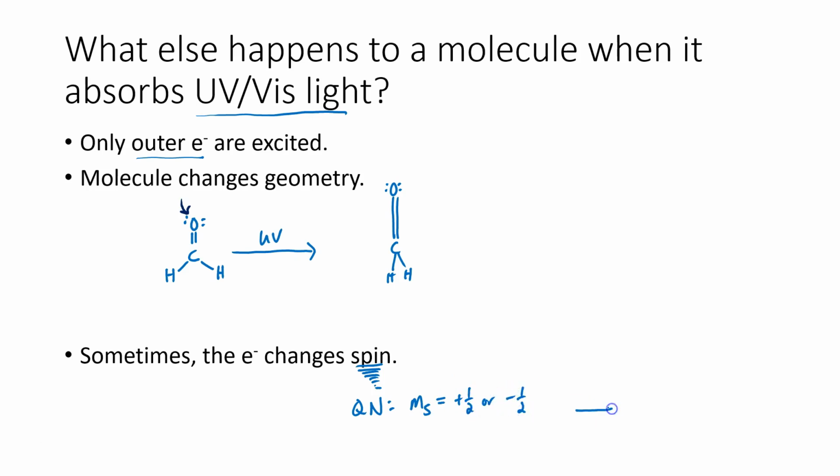And you often represented that as an arrow, spin up, spin down. These arrows represent electrons, and they are in an orbital. So what we're going to do is draw some energy level diagrams, and we're going to be promoting electrons in them, but we're going to be including this idea of spin.